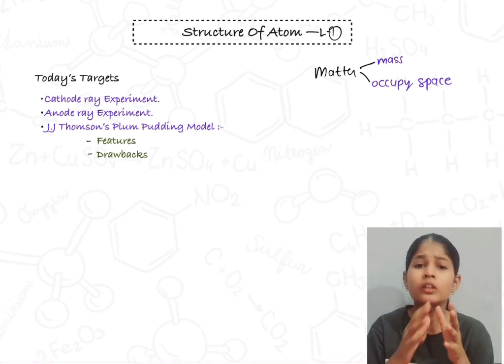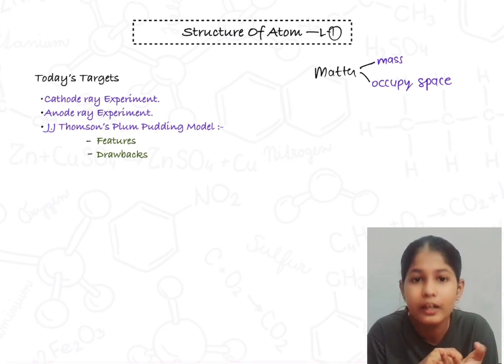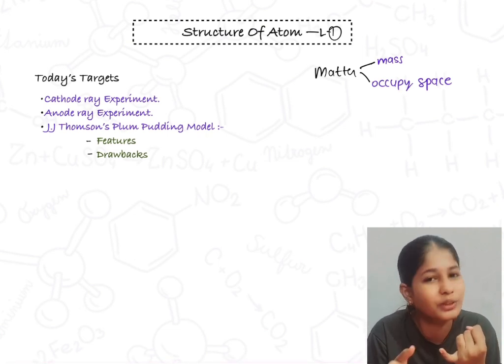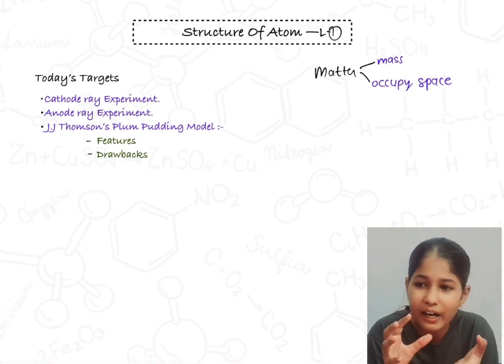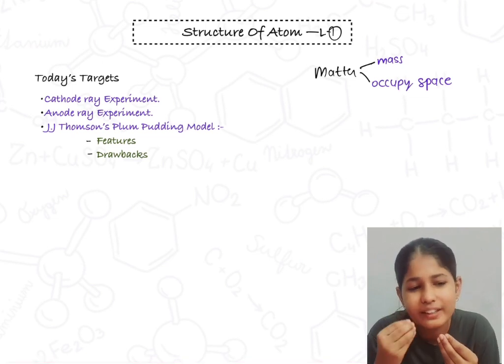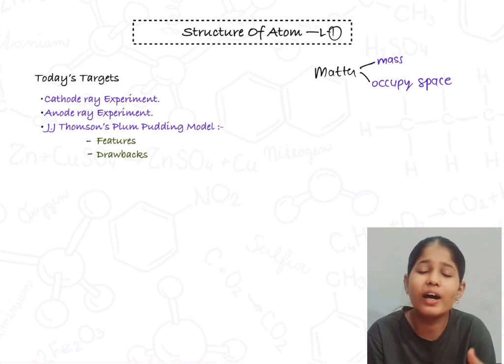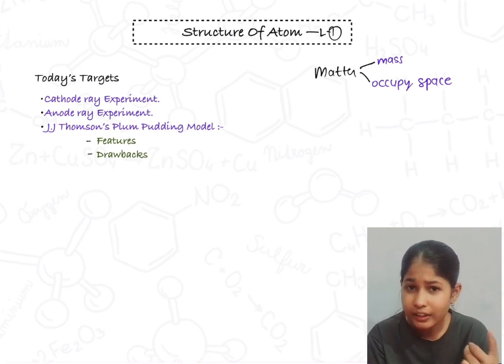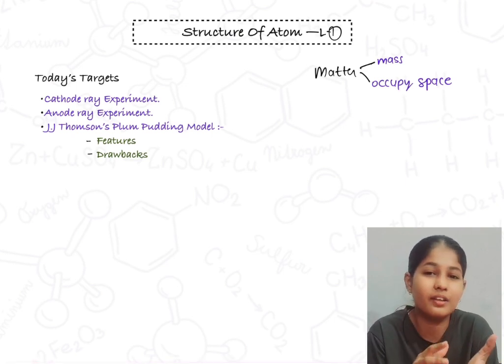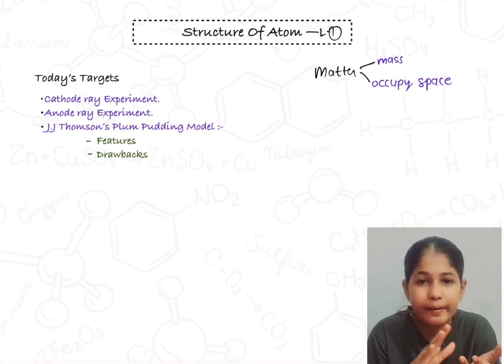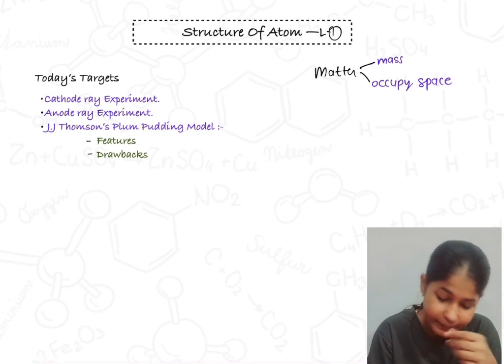So how is it occurring? These situations made the scientists get the idea of why this is occurring. It means something is inside the atom, and the atom is not an indivisible particle.